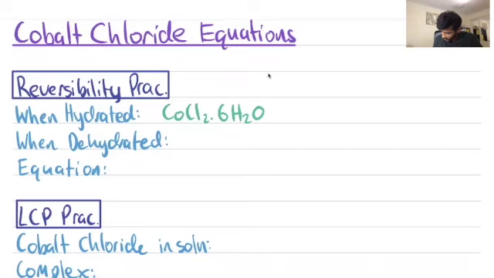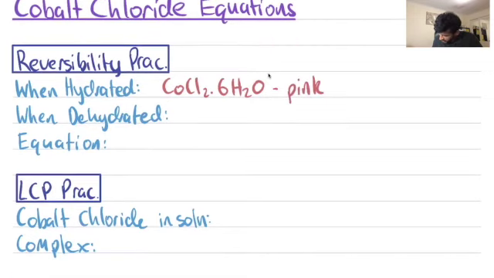Let me change the color, style, it's going to be pink. So when it's hydrated, we get CoCl2.6H2O, which is pink. Then when it's dehydrated, it exists as just cobalt chloride, which we know is going to be blue.